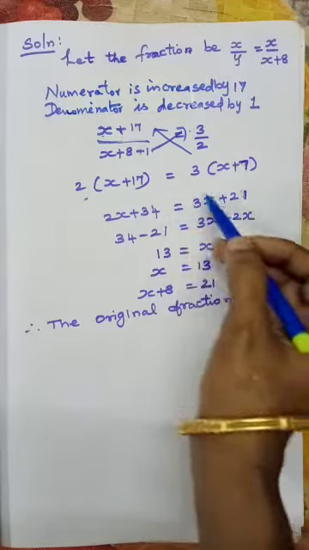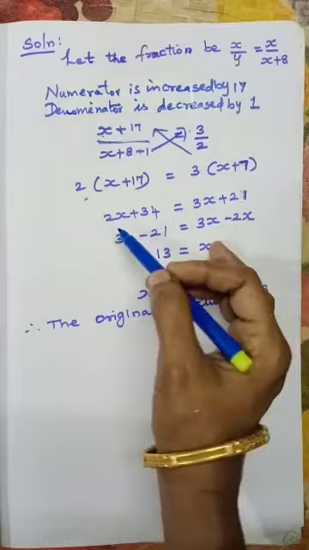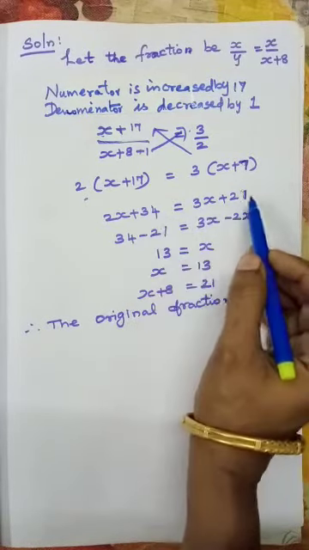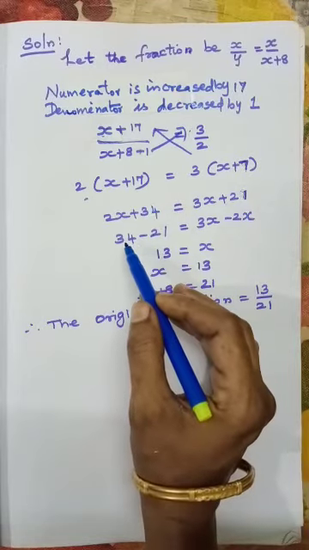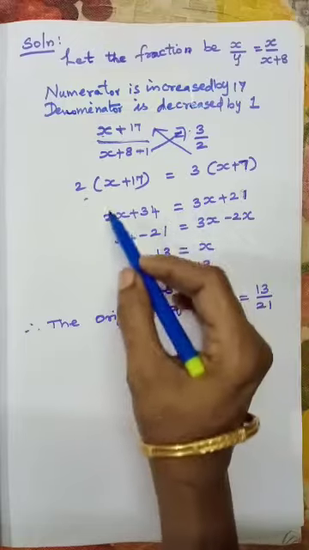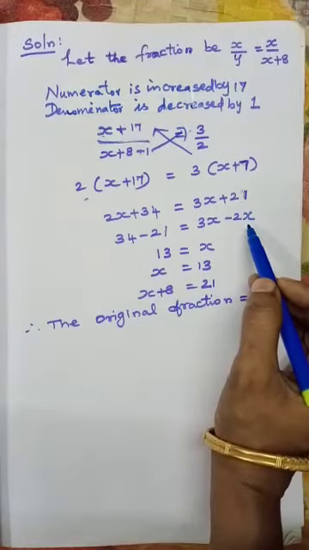Now bring the constants to one side and variables to the other. Here 34 is the bigger number and 21 is smaller, so you bring this side.